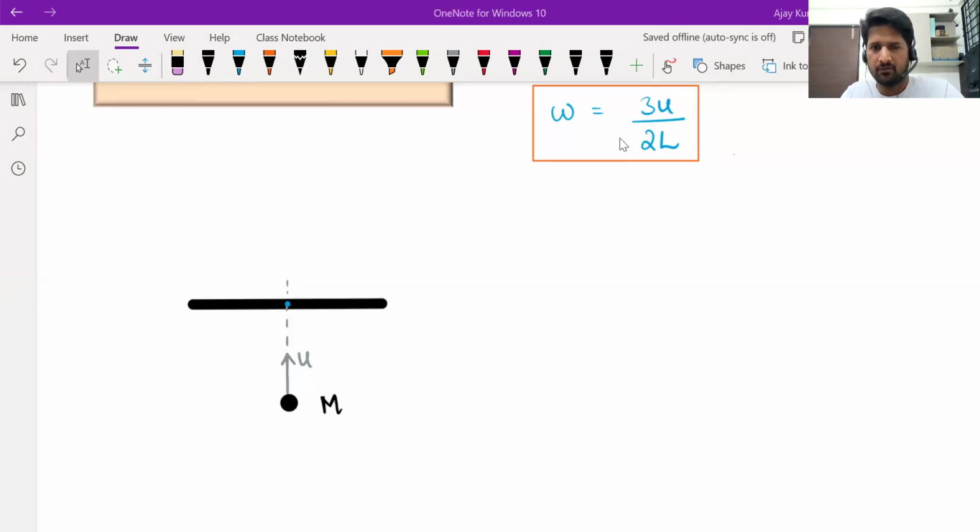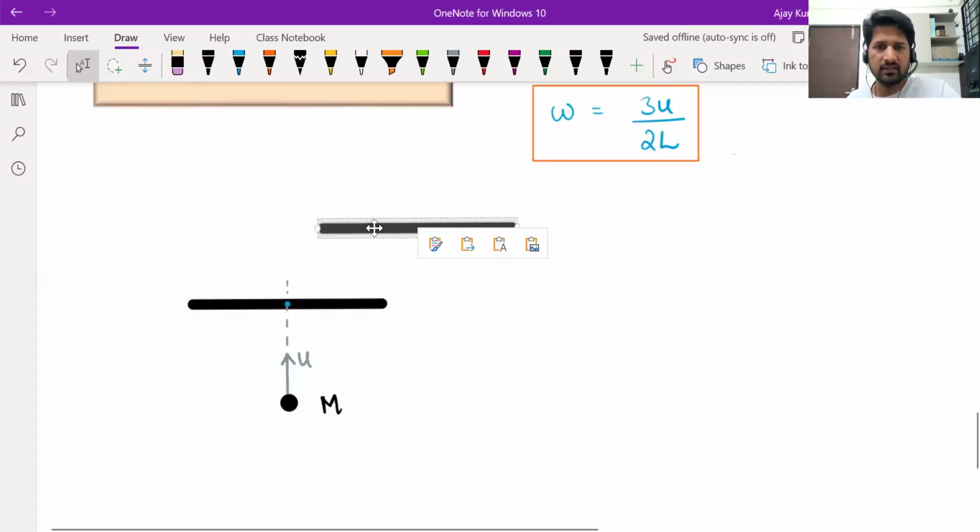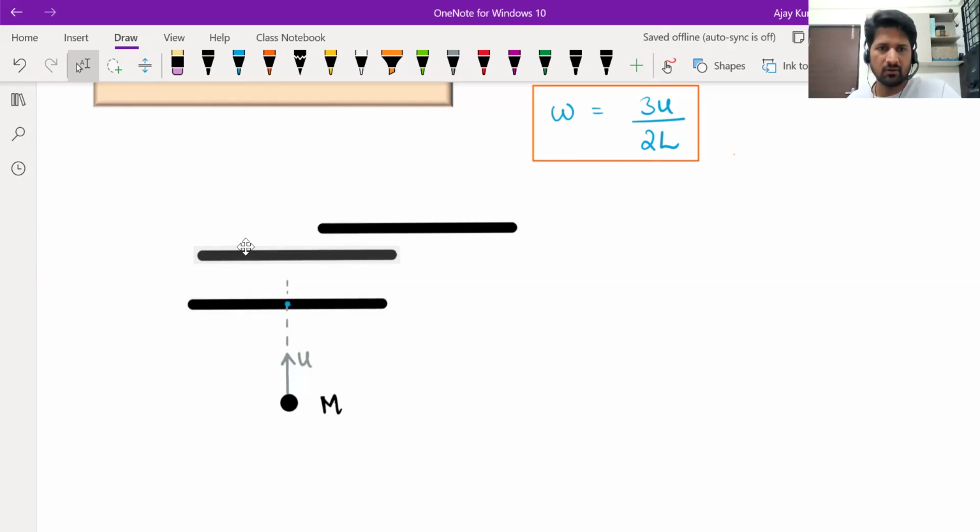No, sir. It will not. So due to the hit given by the particle, this rod will only have a tendency to translate like this. Okay, it will only tend to move parallel to itself without rotating.